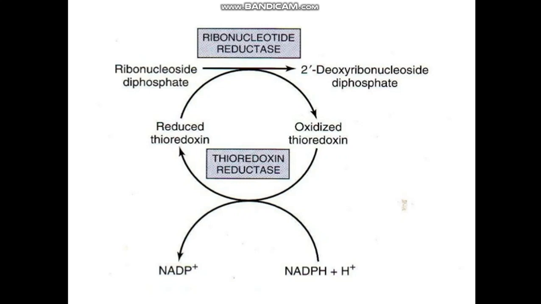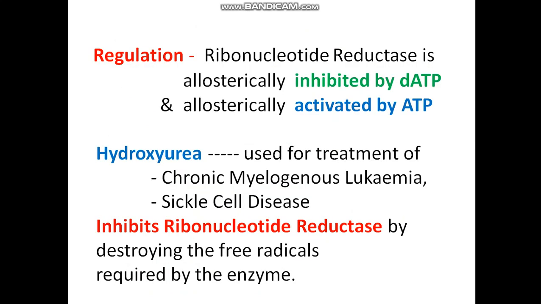It has to be again reduced for further action to continue the reaction. Then it needs thioredoxin reductase enzyme, which reduces the oxidized thioredoxin with the help of NADPH. So the ribonucleotide reductase enzyme needs thioredoxin, thioredoxin reductase, and NADPH.